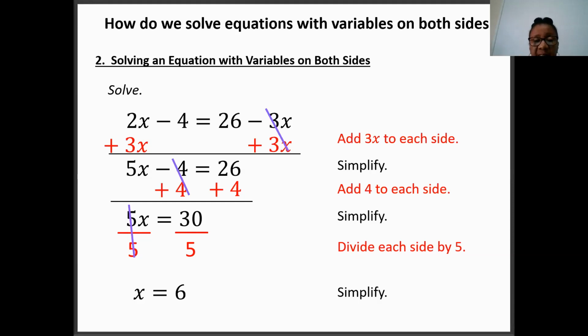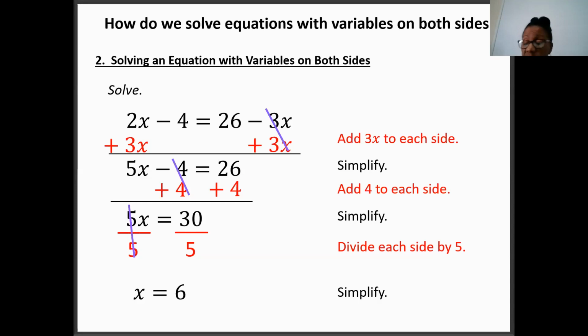We can see that it's now positive 2x plus 3x. And the positive 3x will cancel out the minus 3x. So now we have positive 5x. If we had taken away the 2x, then we would have been left with negative x. We're trying to keep the x positive.